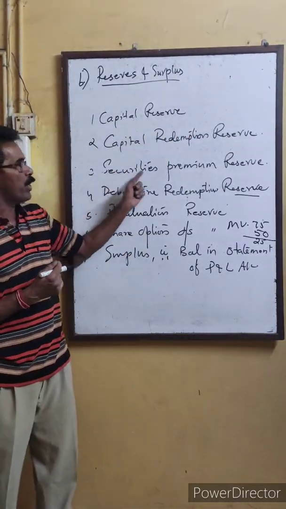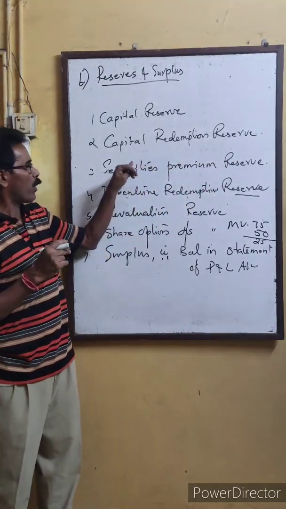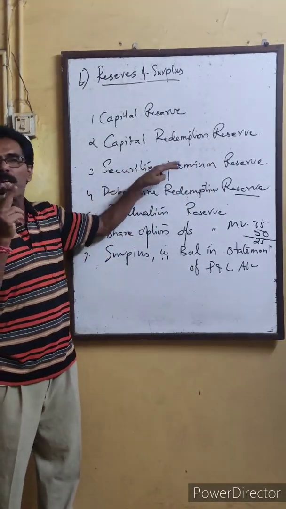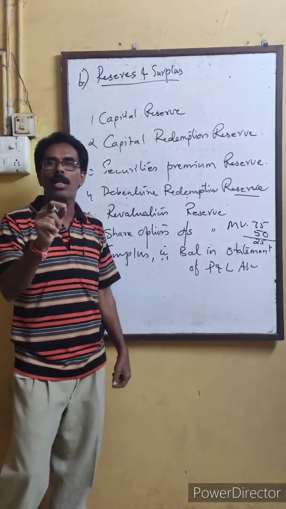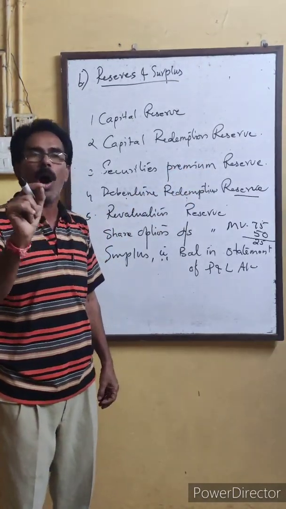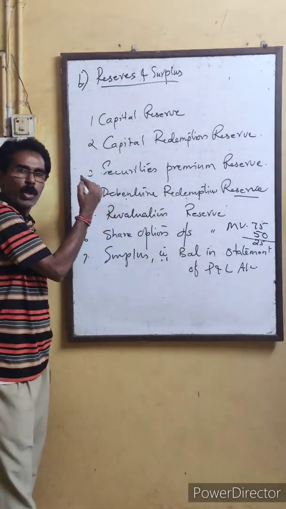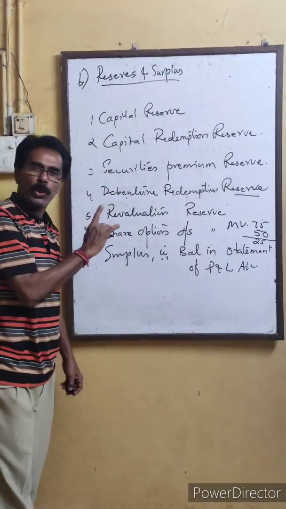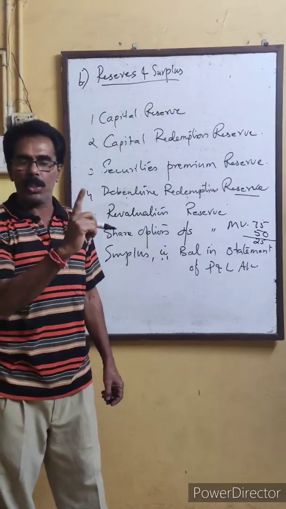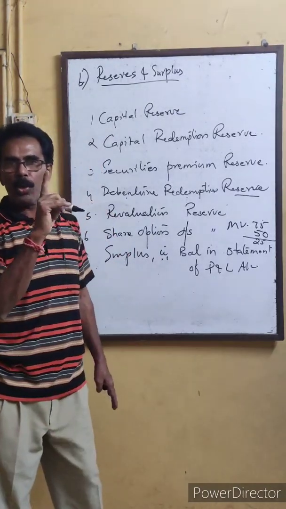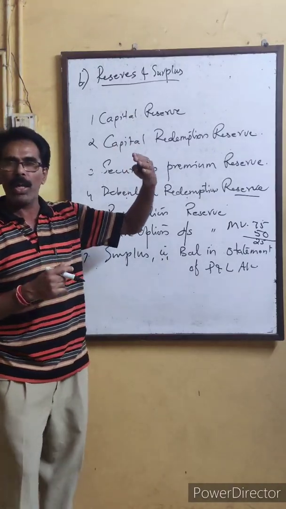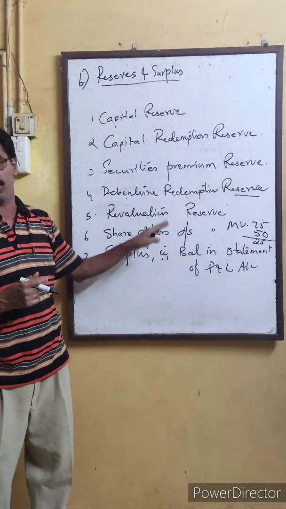If it is securities premium reserve, whether from the issue of shares or from the issue of debentures, you have to show that separately as an explanation under notes to accounts. So what you have to study is the format, together with the main heading and subheading: shareholders' funds, then share capital, then reserves and surplus.